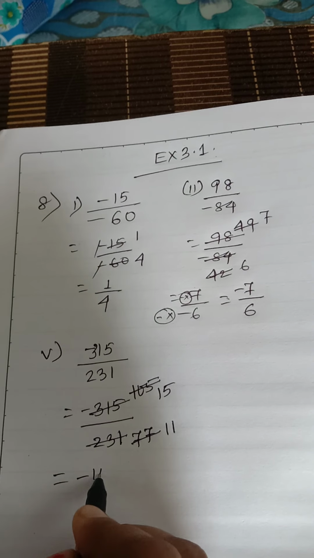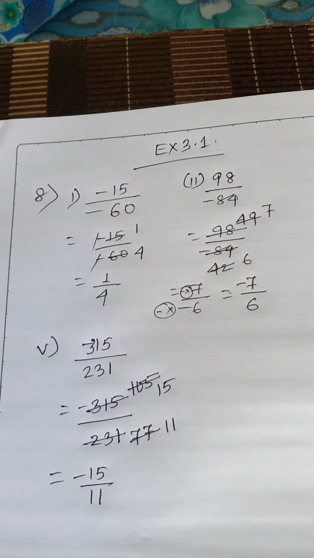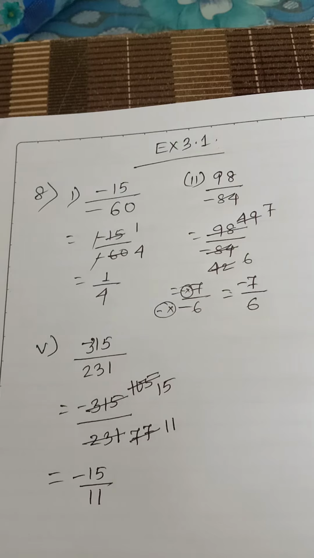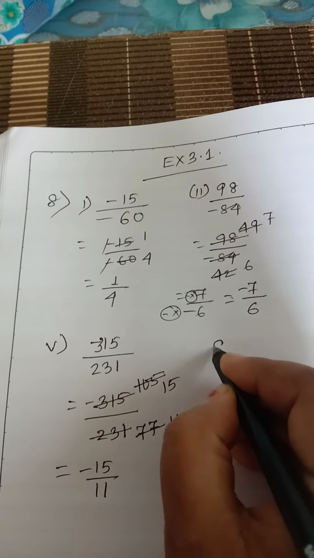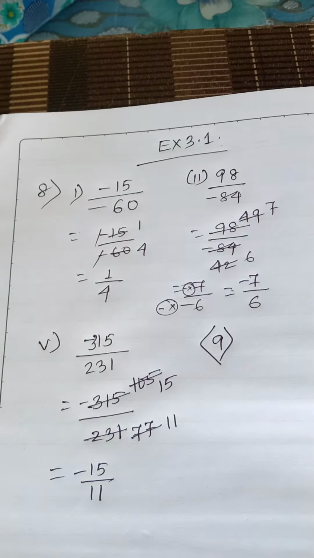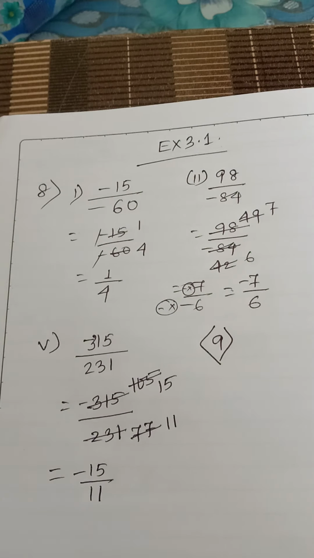So the answer is minus 15 by 11. This is called standard form of rational numbers. Clear?